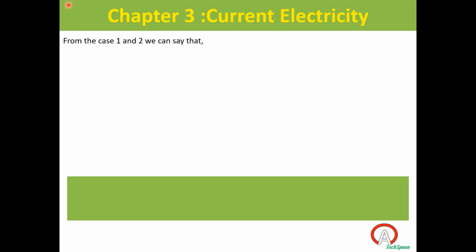From case 1 and case 2, we can say that R is directly proportional to L by A. We need to change this proportionality symbol to the equal symbol.